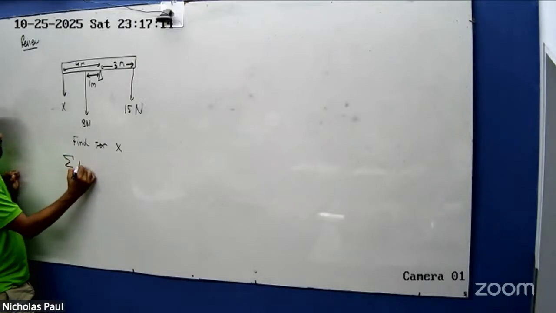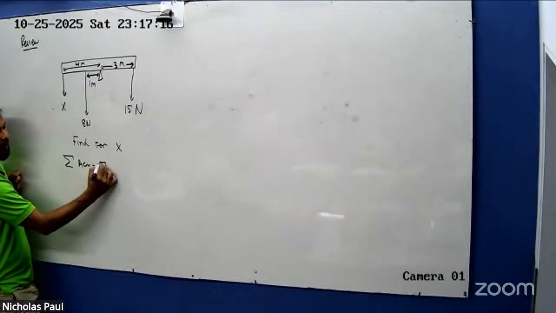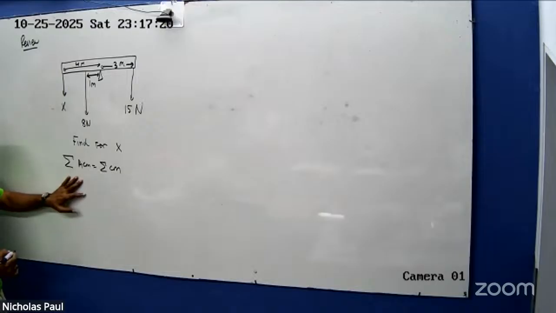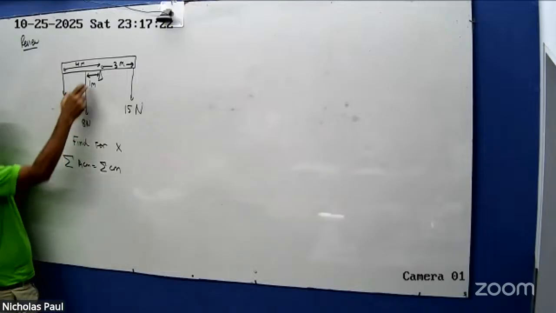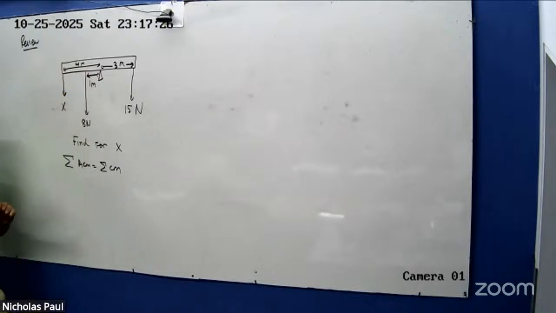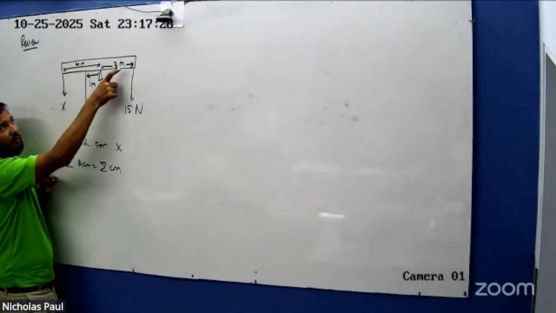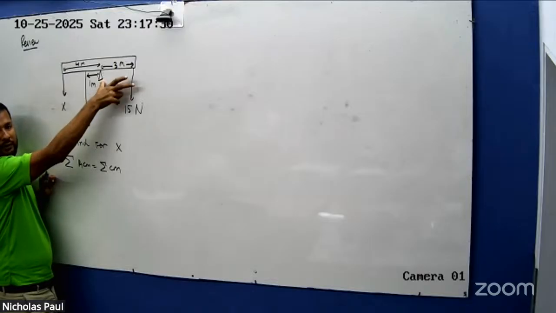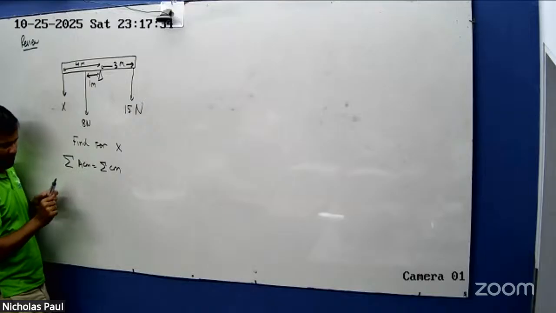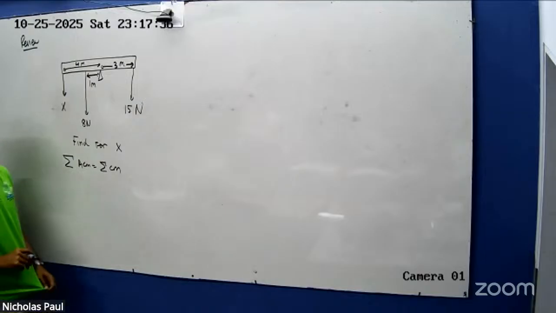So therefore, anti-clockwise moments is equal to clockwise moments, right? So which ones are anti-clockwise? Remember how to figure it out? One on the pivot, one on the force, right? The one on the force turns in the direction of the force. That's okay? I think you've all heard for a while.